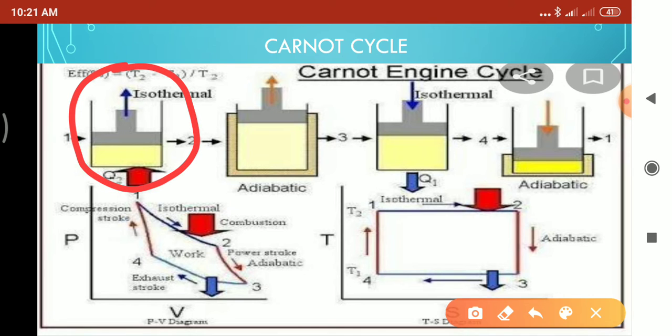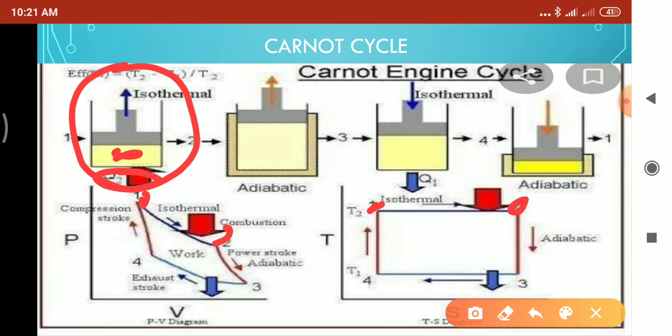Just bring the hot body to the bottom of this cylinder. What will happen? The heat is supplied, and whatever air is inside the cylinder will expand at constant temperature from T1 to T2, and volume from V1 to V2. So T1 to T2 and volume V1 to V2. This is called isothermal expansion process.